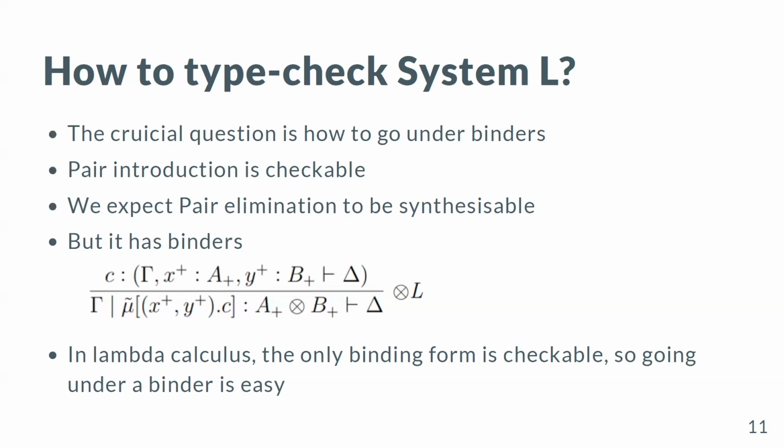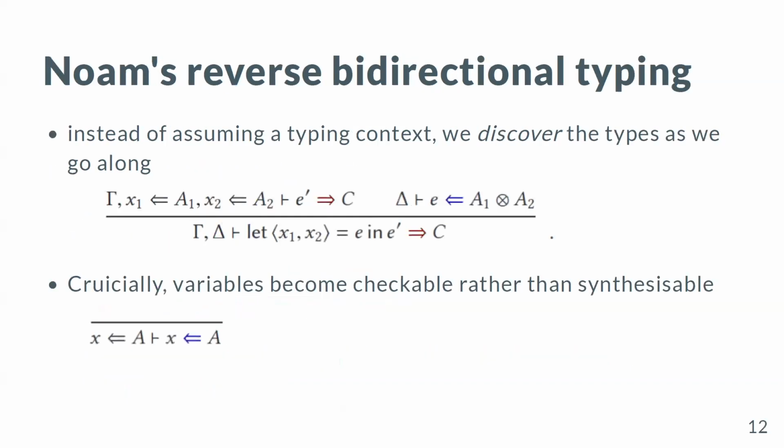So the main insight for how to fix this comes from Noam Zeilberger's reverse bidirectional type checking. So the idea is that instead of starting with a typing context and checking our term against it, we start with an untyped context, and we discover what the types are during the type checking procedure.